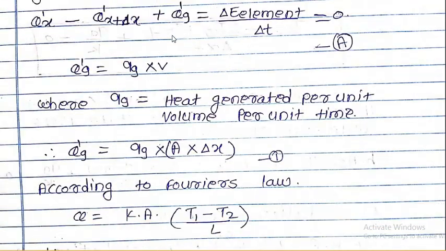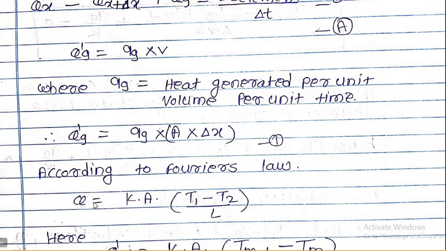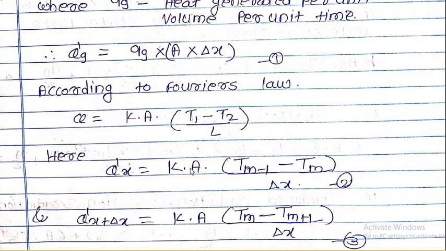So we get q dash x equal to thermal conductivity k multiplied by perpendicular surface area A, into bracket T suffix M minus 1 minus T suffix M, whole divided by the thickness delta x.